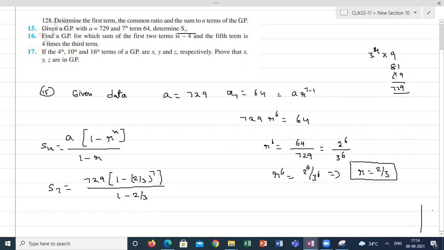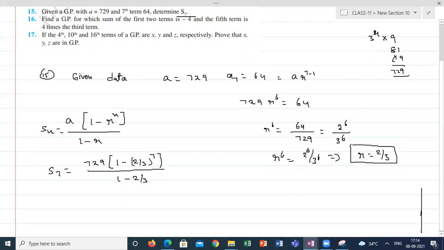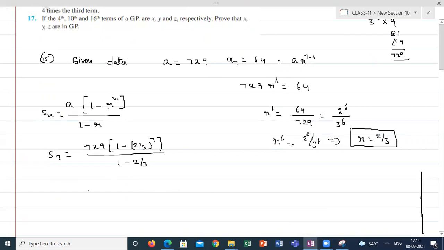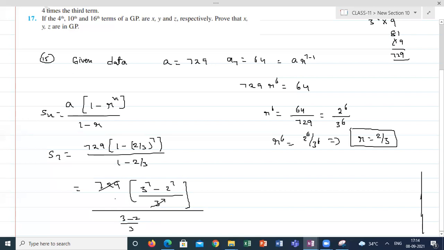If I take the LCM in the numerator and denominator, I get 729 into 3 power 7 minus 2 power 7 divided by 3 power 7, over 3 minus 2 by 3. 3 power 7 and 3 power 7 cancel.